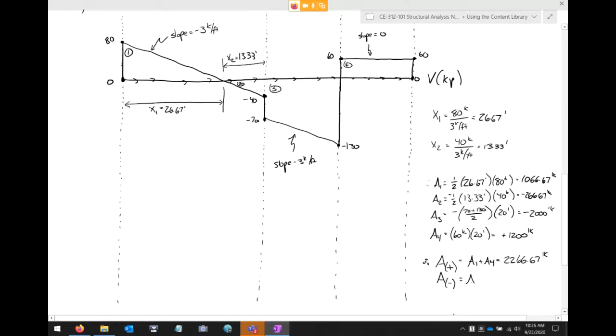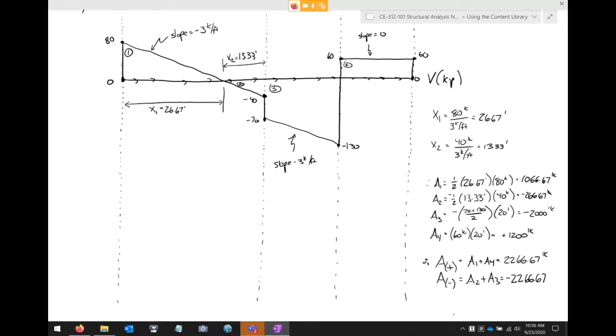And then A2 plus A3, negative 2266.67. So we got the same positive area that we do negative area. So that's a check that what we're doing is correct.